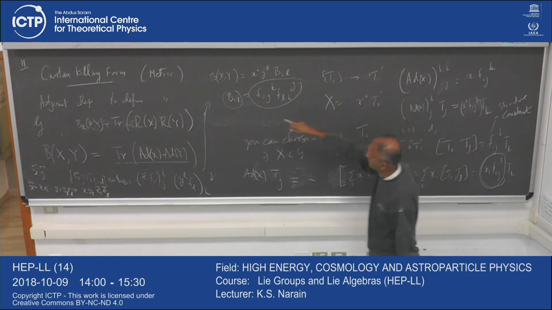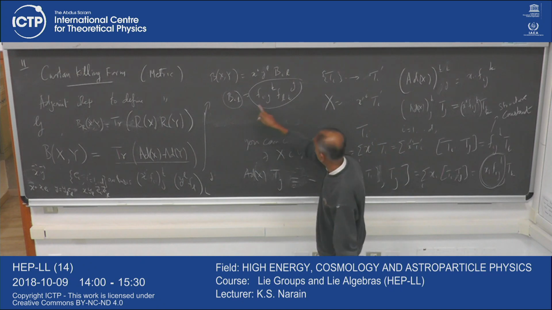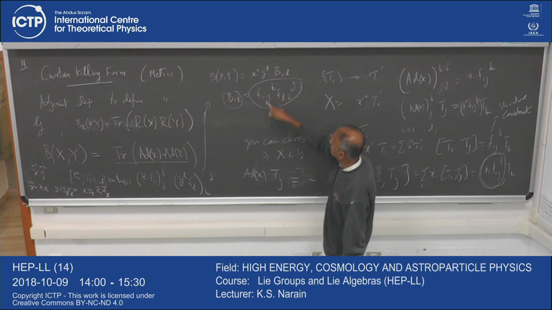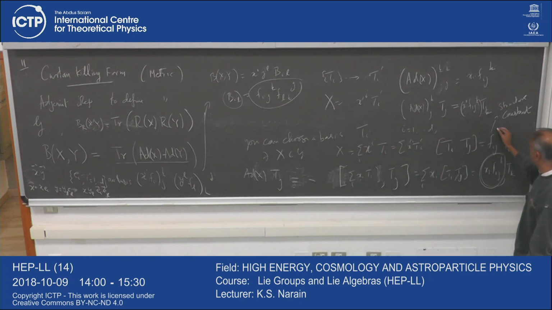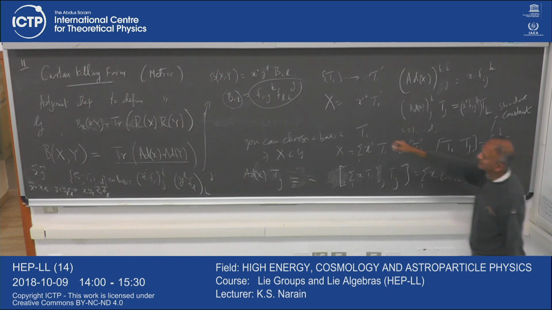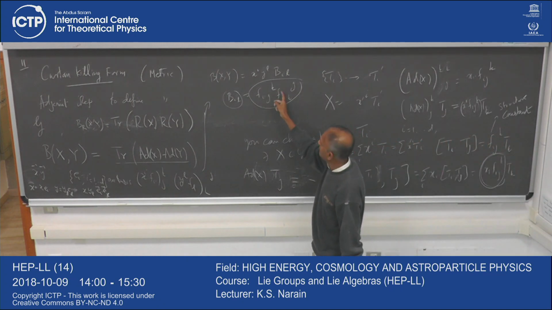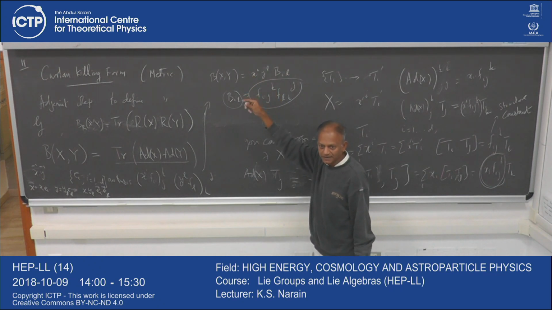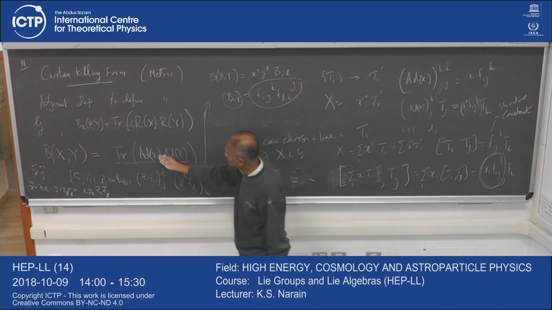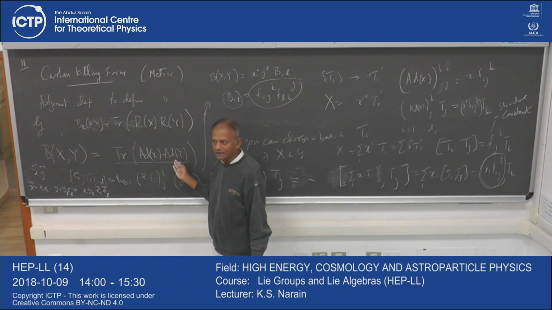It is true that the structure constants will change, because T prime i, T prime j will be some f prime i j k T prime k. So everywhere it's all replaced by primes. But the whole answer should be independent, because in this definition I never use the basis.